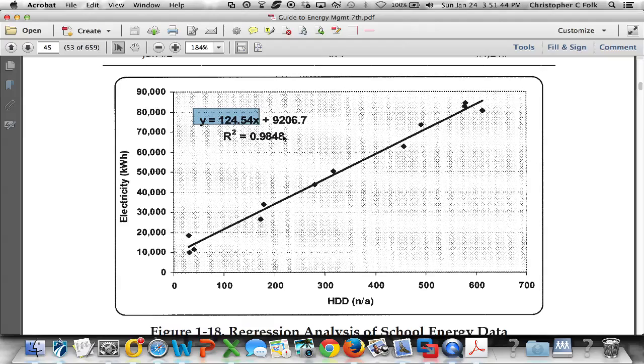How confident are we of that? Well, that's what this number is about. This last number, R squared. R squared is actually a percentage. So this 0.9848 is about 98.5% confident that based on the heating degree days, that's the amount of electricity that we'll use.